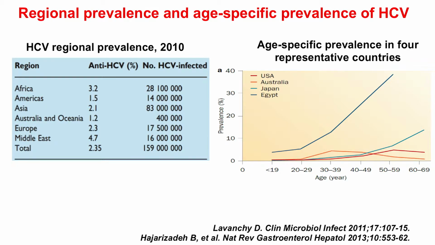We can see that different regions have different prevalence of HCV infection. In general, in the Middle East, in some parts of Asia like Mongolia, they have the highest prevalence of HCV infection. This is also age related. In general, in old age, the prevalence of anti-HCV is much higher than in the young generation.